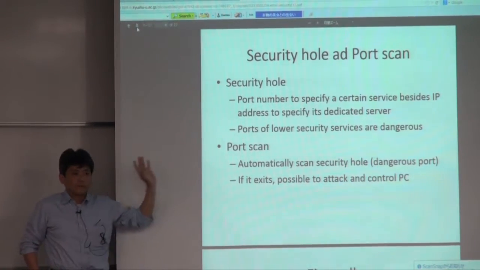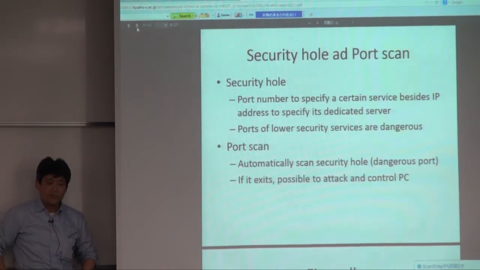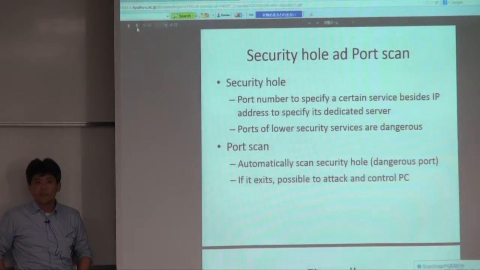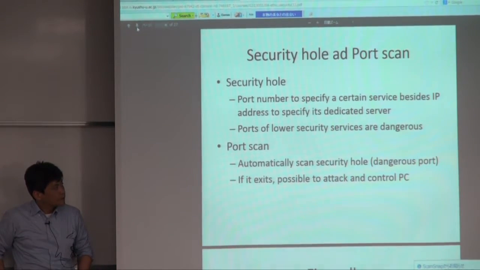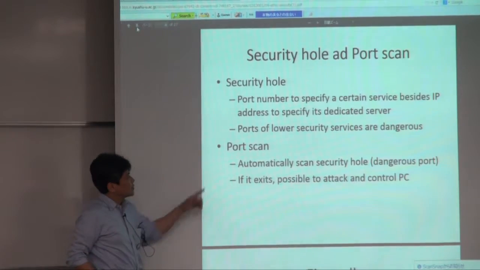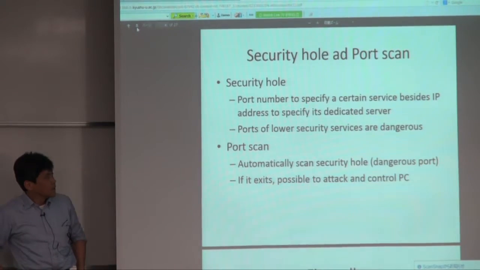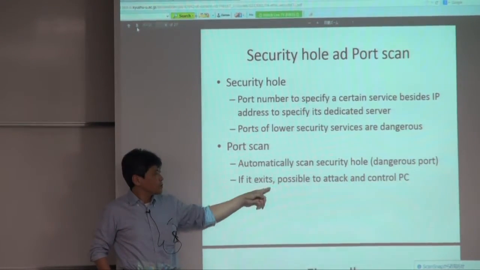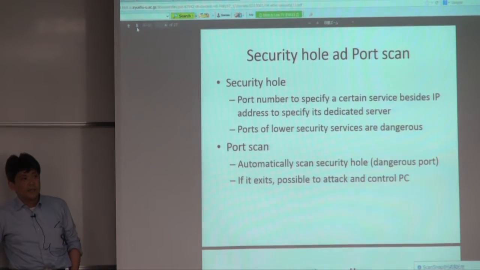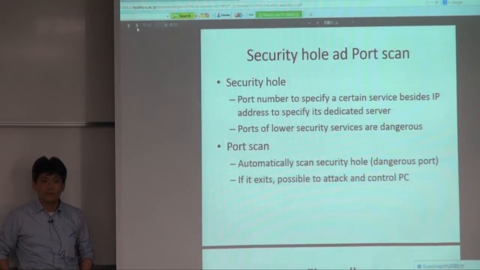So if a bad person wants to find such a security hole on certain servers, such a person can use dedicated software for port scans. Port scan means, as shown here, automatically scanning for security holes. If a security hole exists, such a bad person can access the corresponding server illegally through the security hole. Okay.